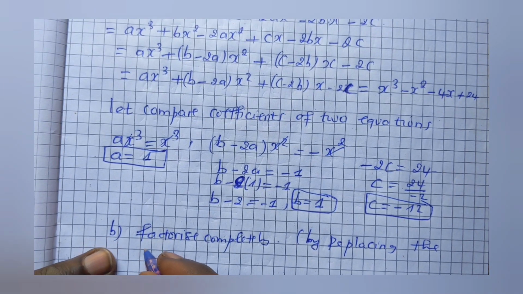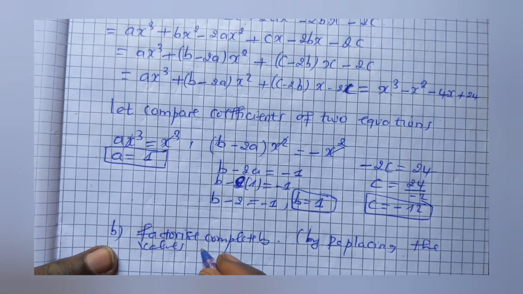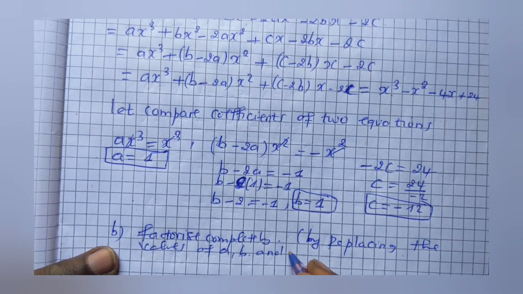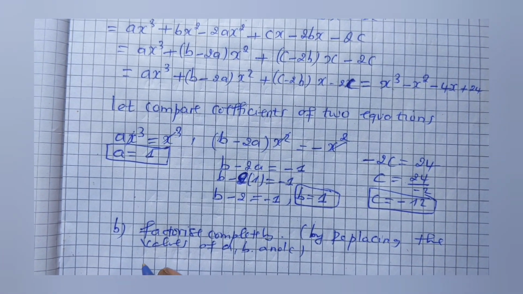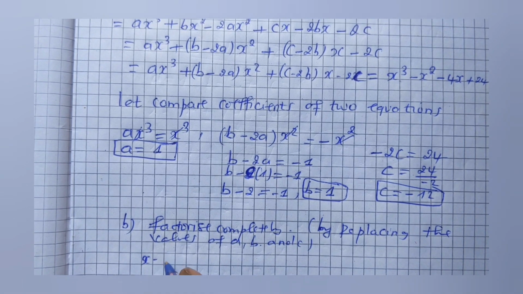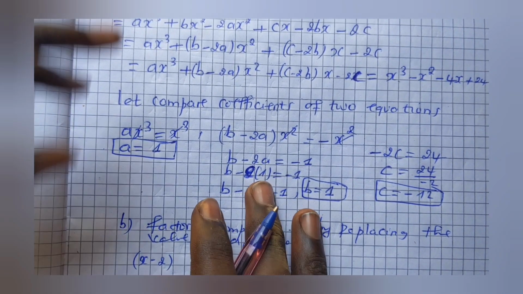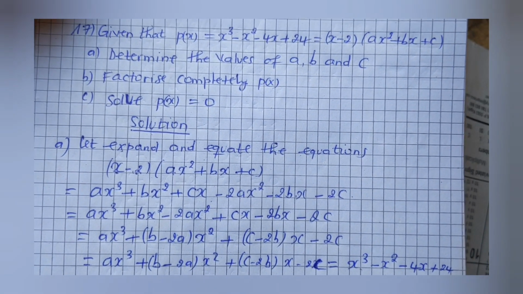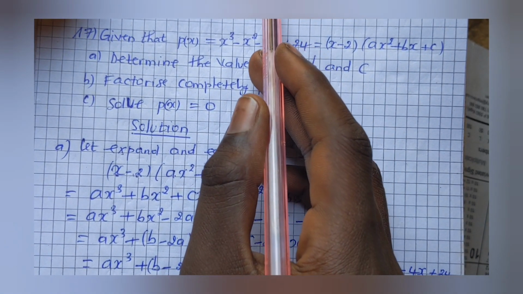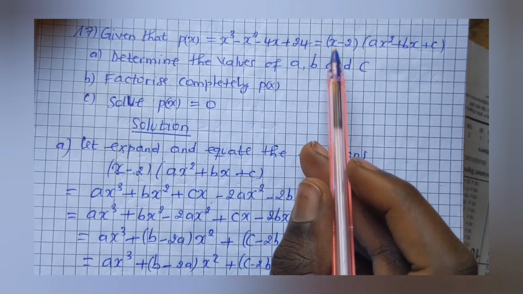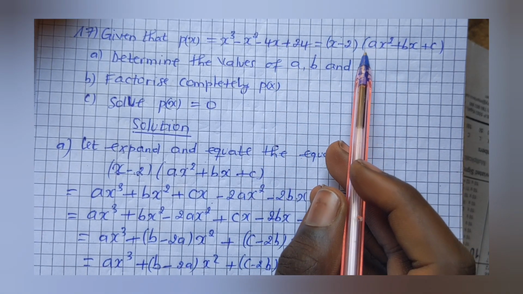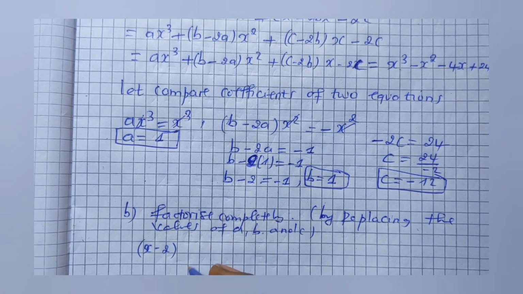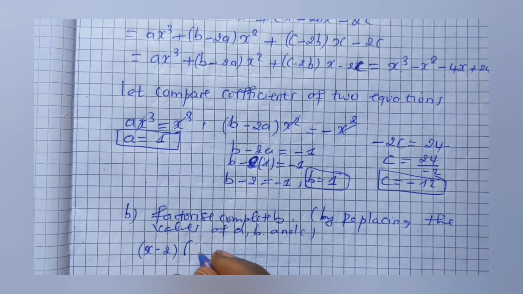We have (x minus 2), then a equals 1, b equals 1 and c equals negative 12.